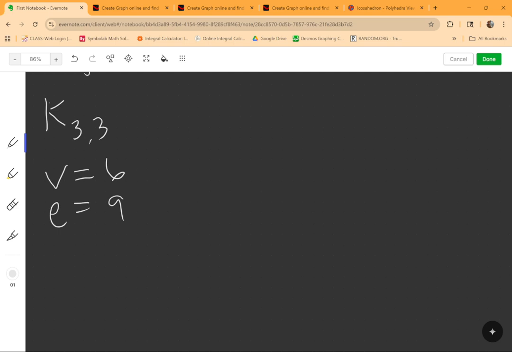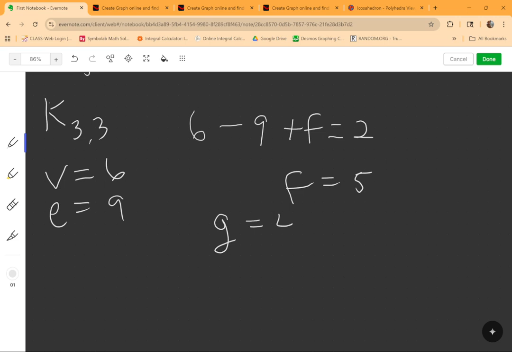And then Euler's formula gives, V 6 minus 9 plus F equals 2. Solving for F, we see negative 3 plus 3. Faces must be 5. Now in this case, the girth, since it is bipartite, has to be minimum 4 here.